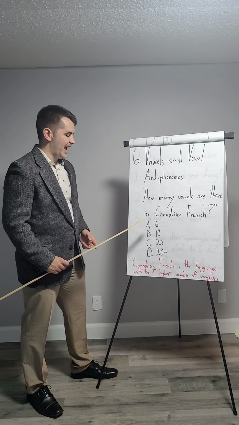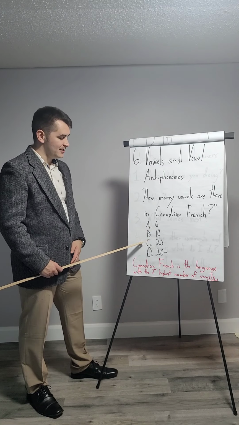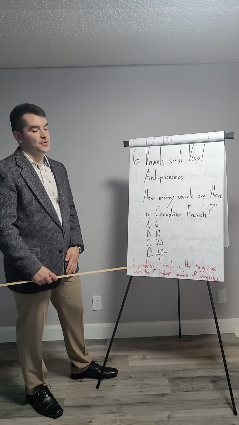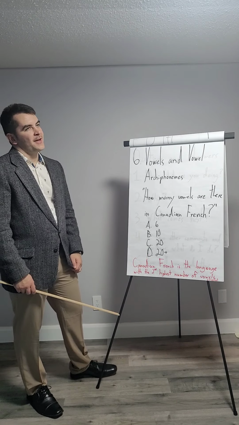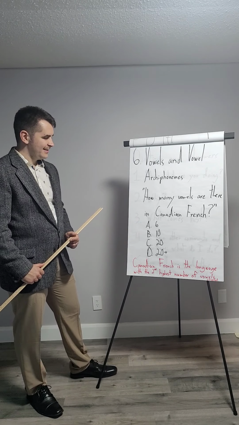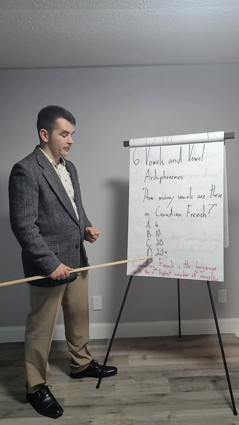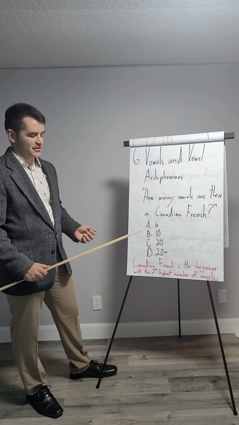So option A is 6, option B is 10, option C is 20, and option D is 20 plus. I'll give you a second, cue the Jeopardy music. And I could tell you that you can make a case for all 4 of these answers, unfortunately.